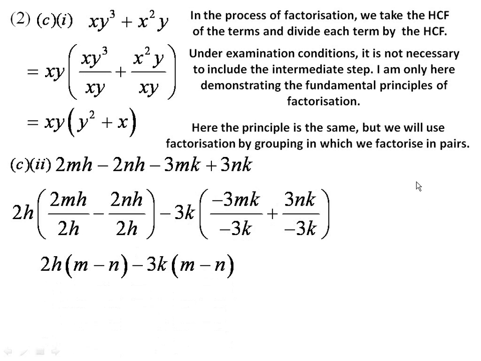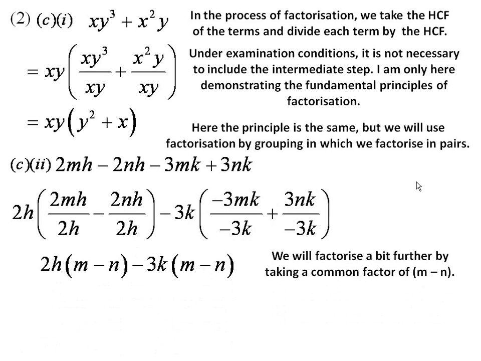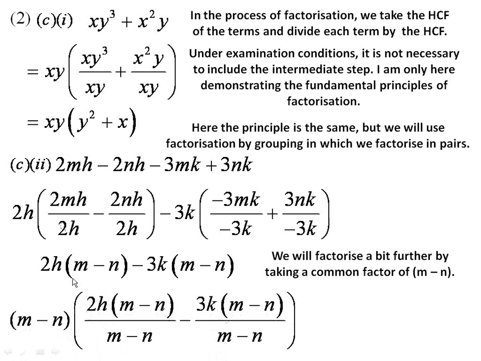We will take it a step further by doing the same thing again, finding the common factor, which is m minus n, and we are dividing each term by the common factor. We divide again this term by m minus n.